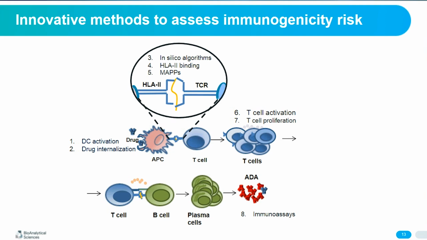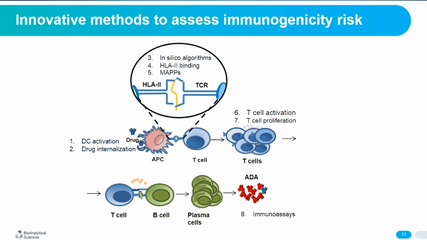In most cases, in order for our immune response to develop anti-drug antibodies against our drug, a T-cell-dependent immune response must occur, and our T-cell will have to recognize the peptide of the biotherapeutic that is presented by the HLA class II.